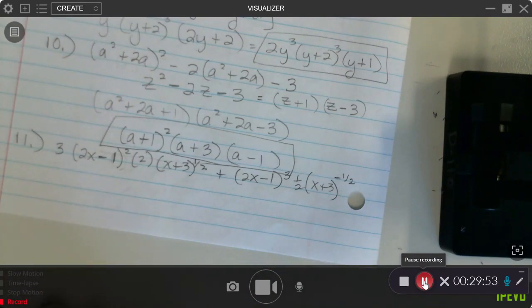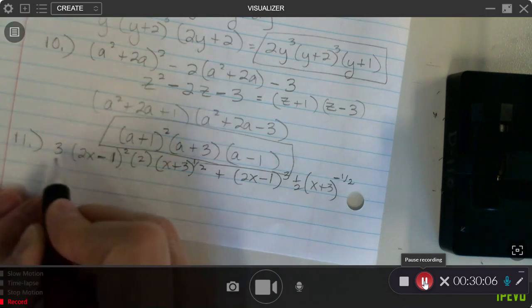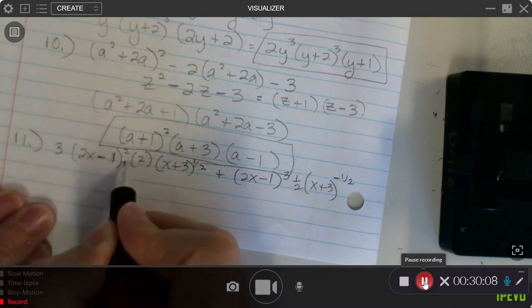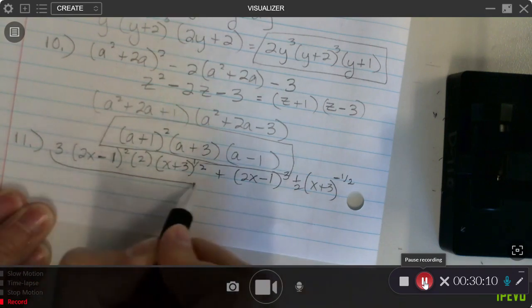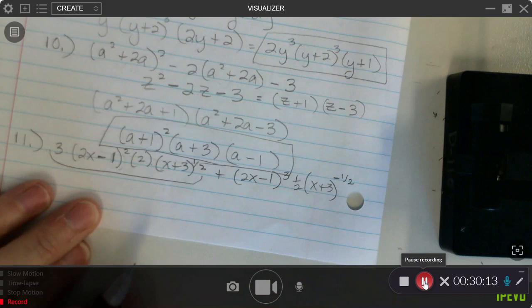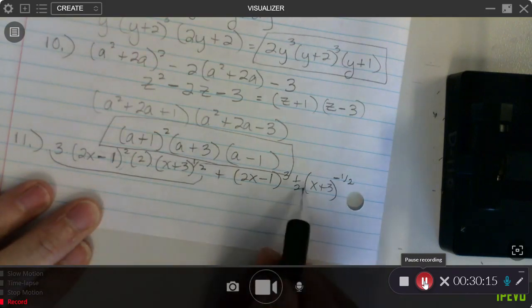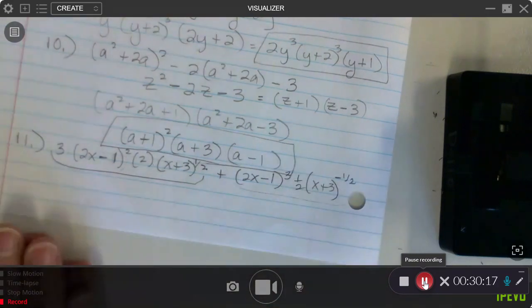It's a trick question, kind of. Hold up your fingers if you're too afraid to. This times that is one term. Plus, times, it's two terms, right?